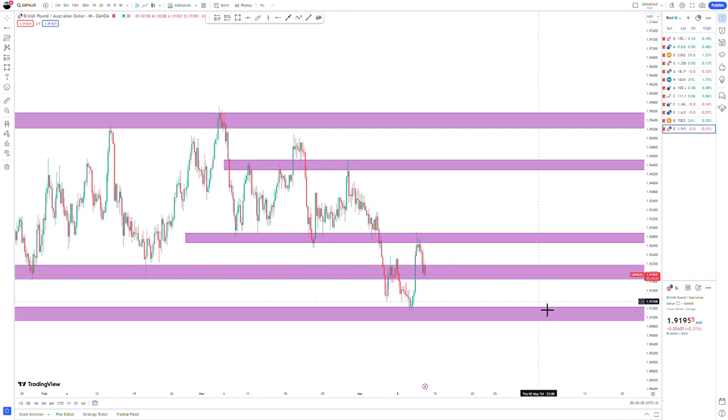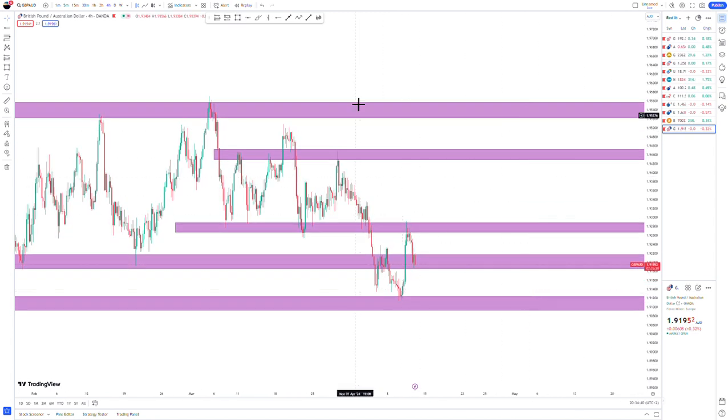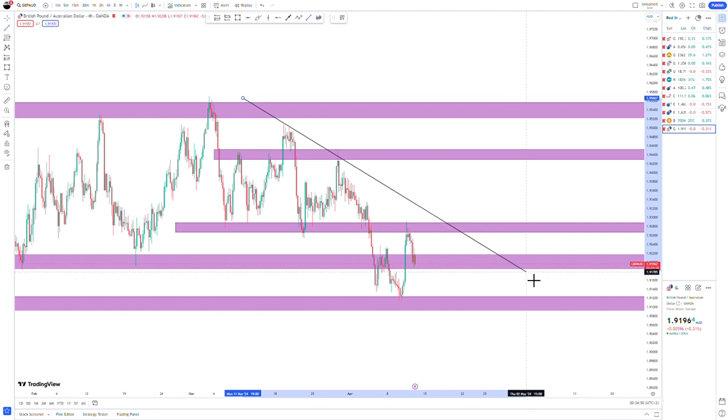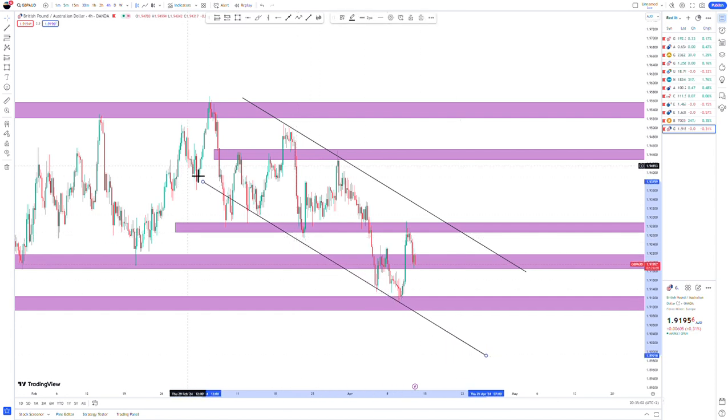The overall behavior of this market, you can just connect many touches. This is the first touch, second touch. So we have a valid resistance there. You can tell the market is moving in a downtrend, with two touches right there.